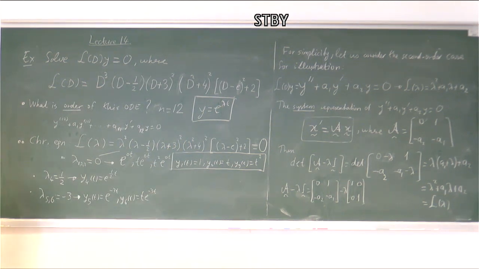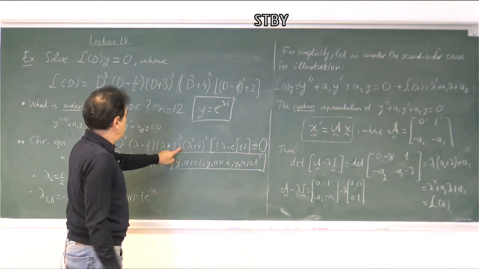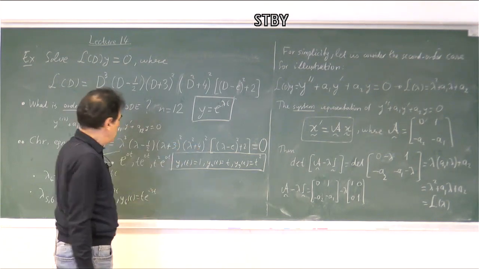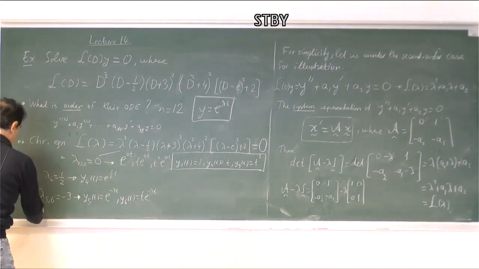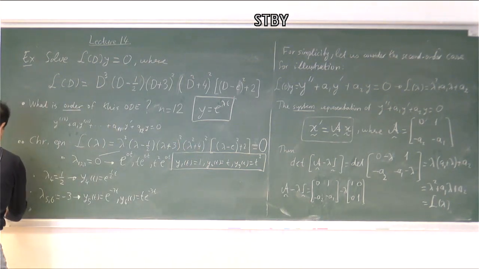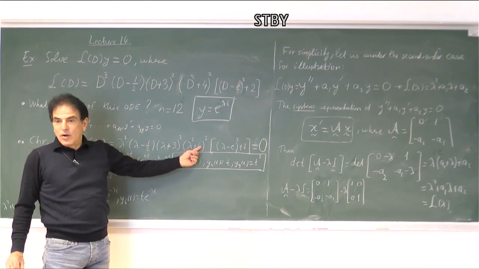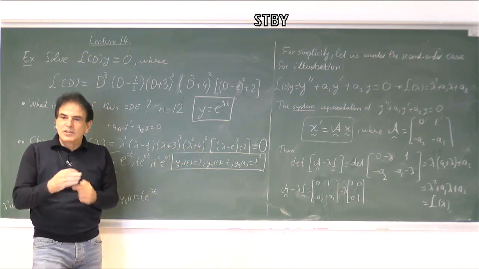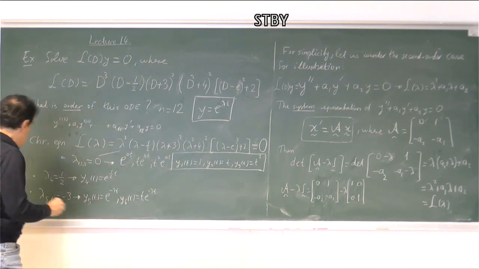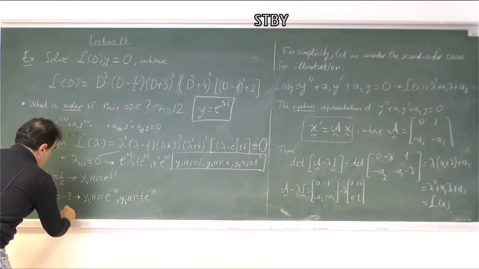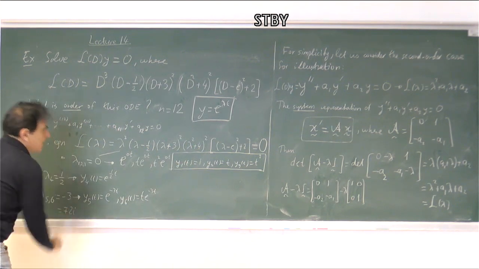Good? And for this factor, lambda squared plus 4, look at that, what we have. Lambda squared plus 4 is 0, means lambda squared is minus 4. So lambda is either 2i or minus 2i. So we have lambda plus or minus 2i.